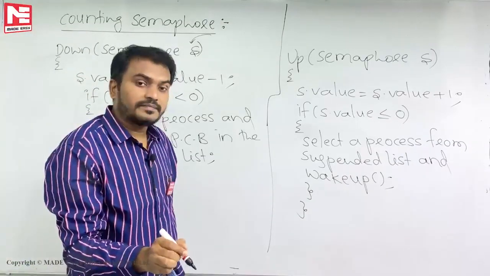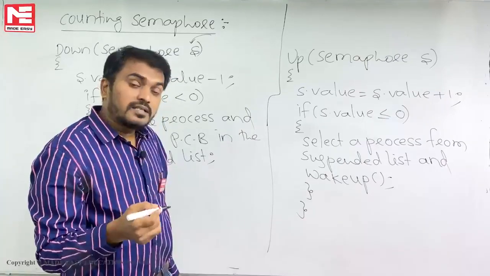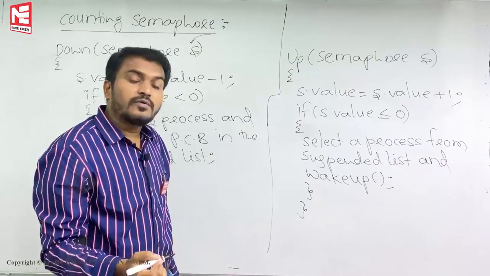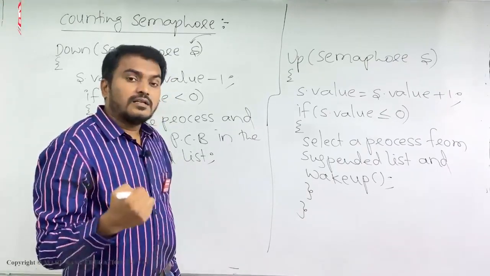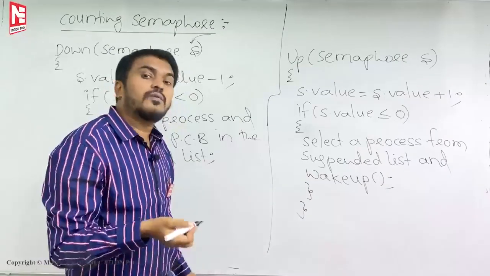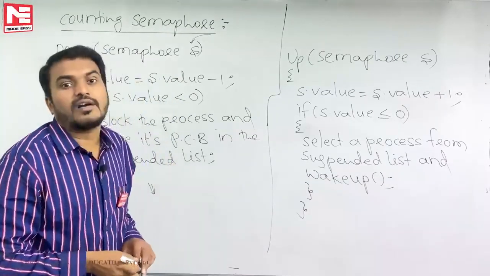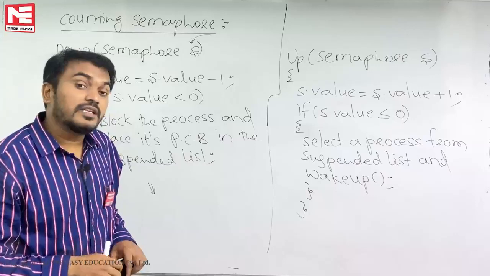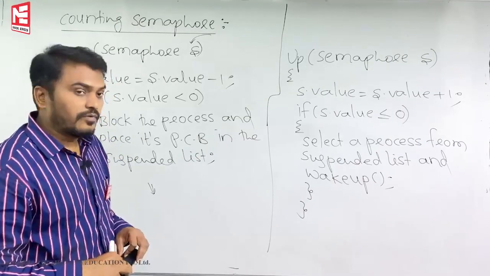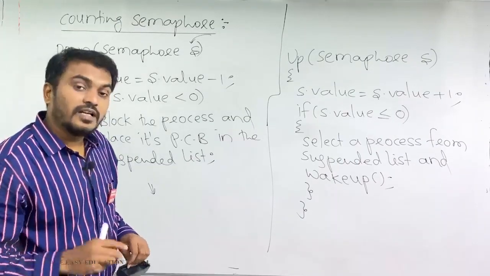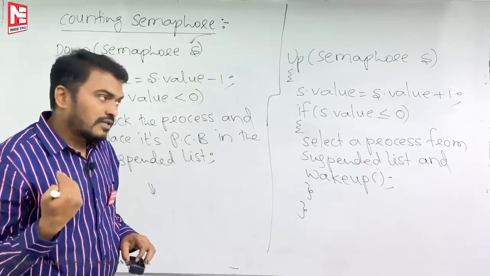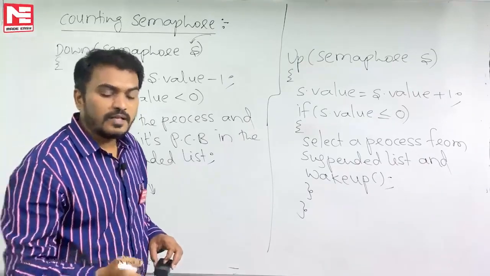It means the positive value of the counting semaphore indicates the number of successful down operations we can perform. The positive value of the semaphore, the initial value of the counting semaphore, represents the number of successful down operations we can perform. No doubt.